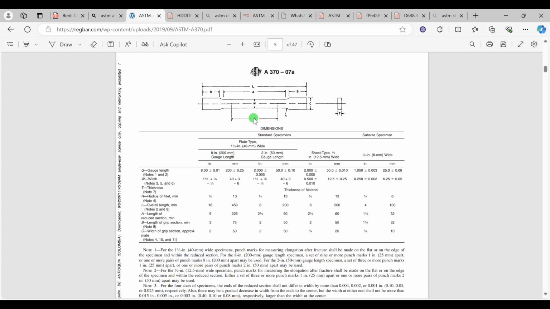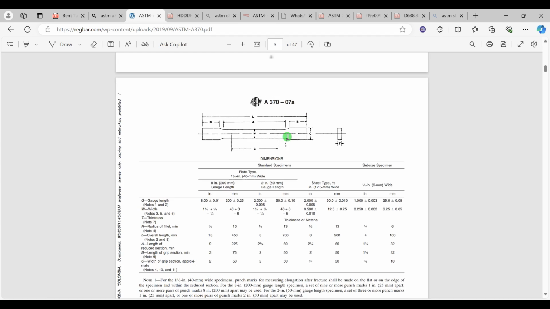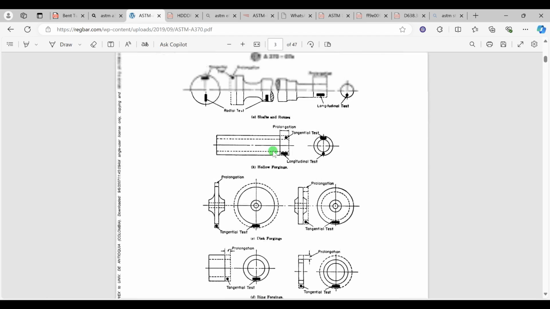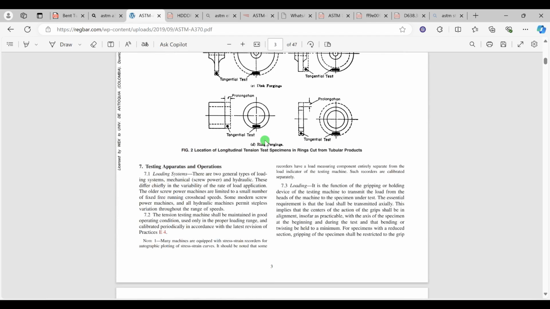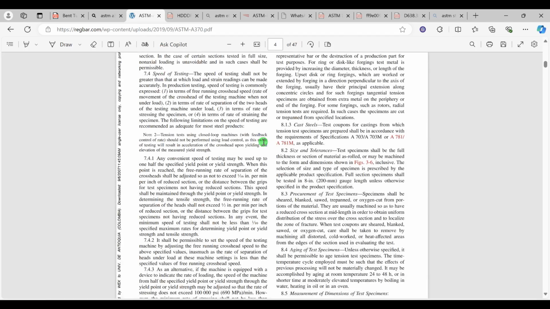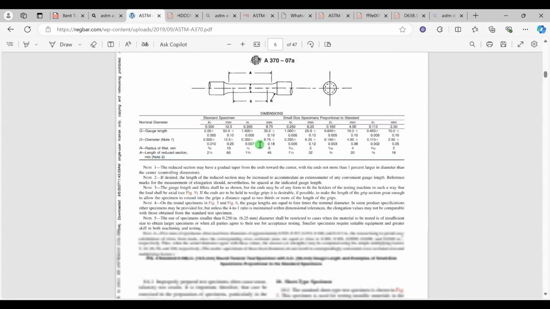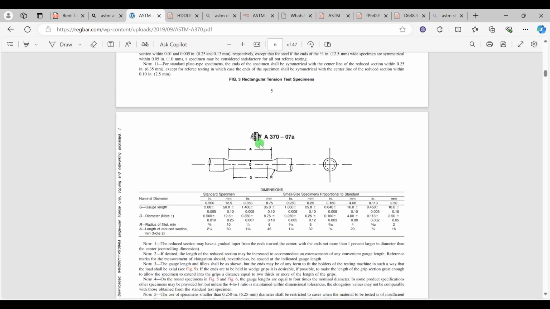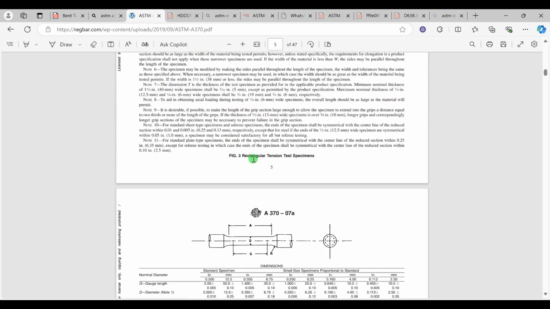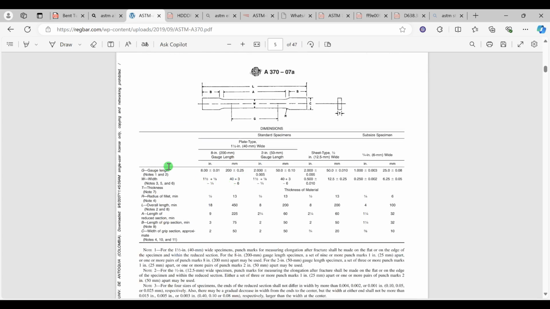The dog bone can be like a plate, or it could be like a solid or a tube, like this one, which you can use for different purposes.